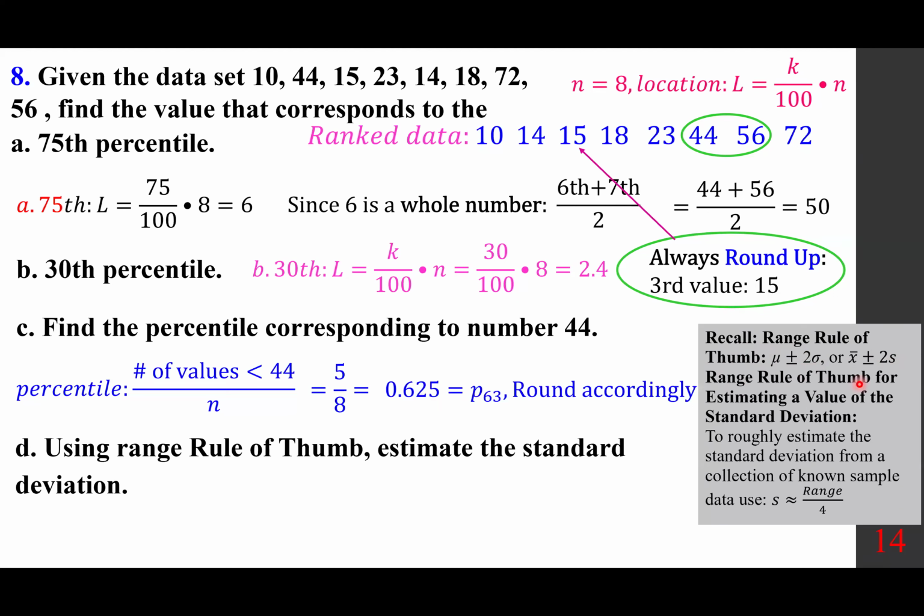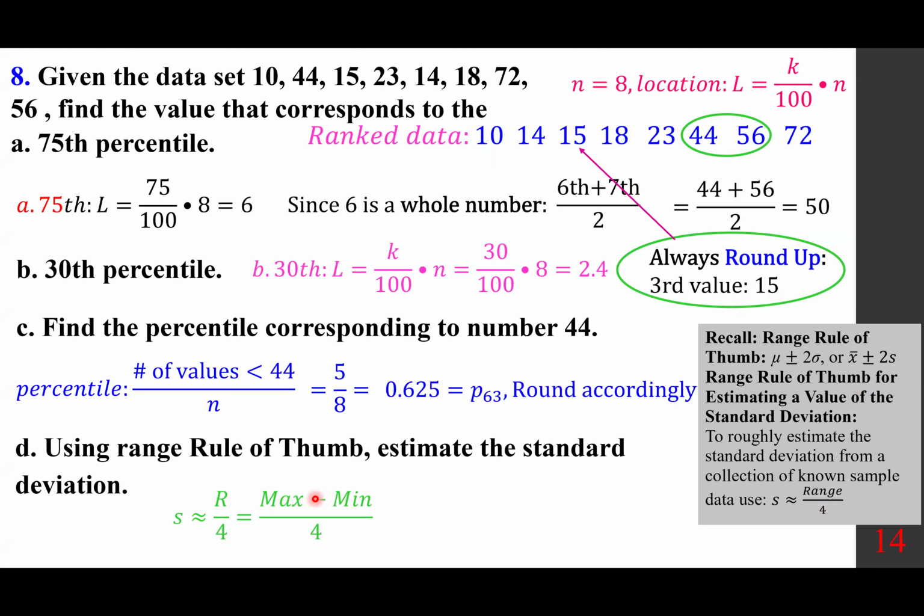Range rule of thumb for estimating the value of standard deviation is to roughly estimate the standard deviation from a collection of known samples. Use s equals range divided by 4. Remember, from the mean, 2 standard deviations to the left and right, that means a total of 4 standard deviations. So if you find the range, which is maximum minus minimum, and divide by 4, that is roughly your standard deviation.